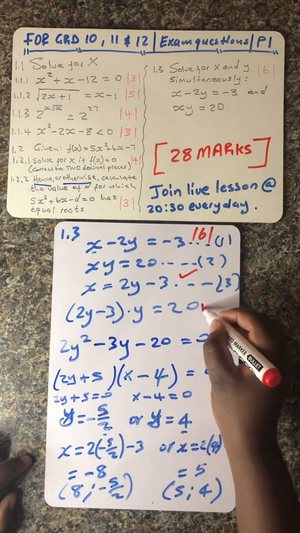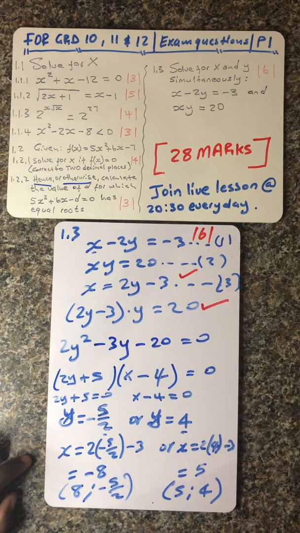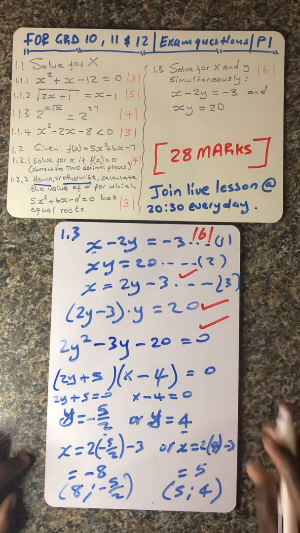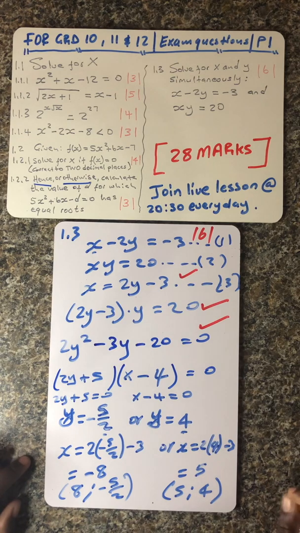And again, they give you a mark for correct substitution. So that means in place of x, you correctly substituted your third equation, okay? From there, they give you a mark for writing it in the standard form. This is where you score your mark, okay? And then they give you a mark for correct factors.